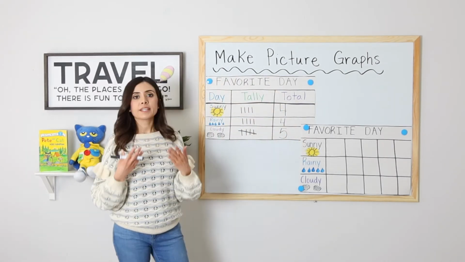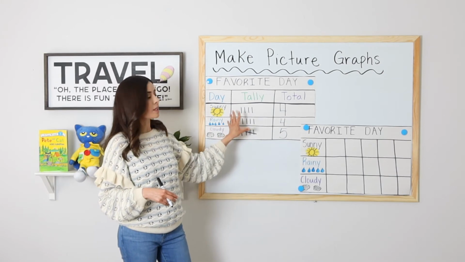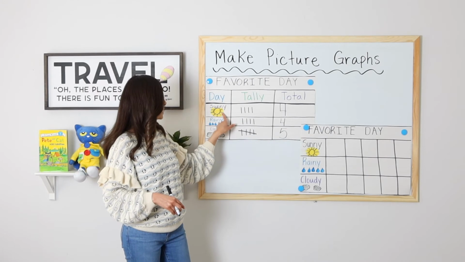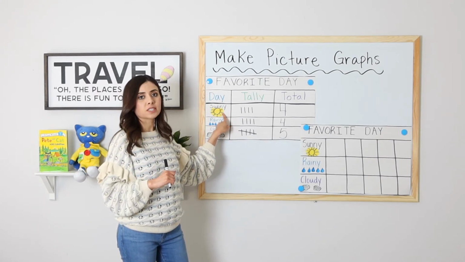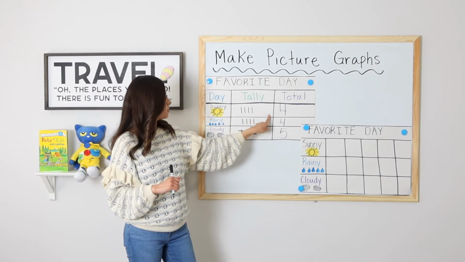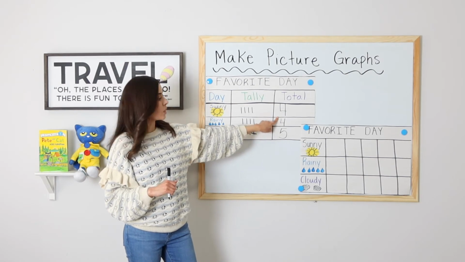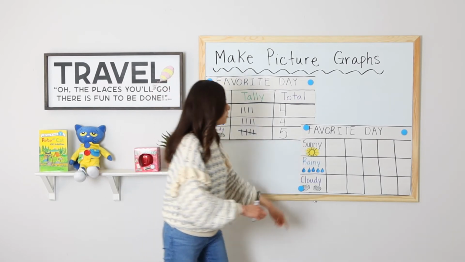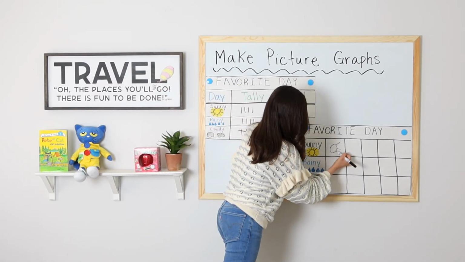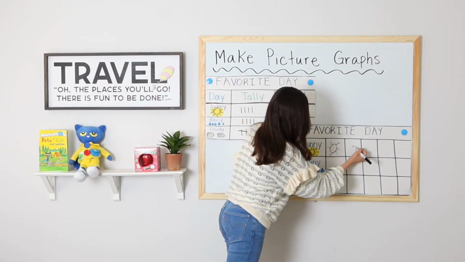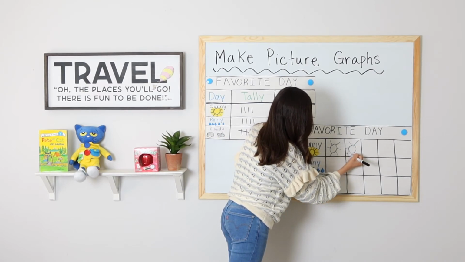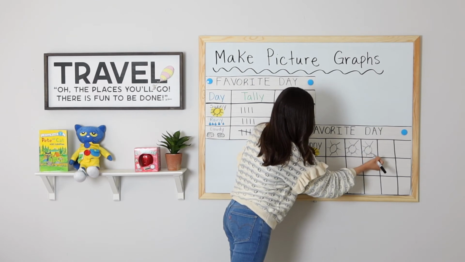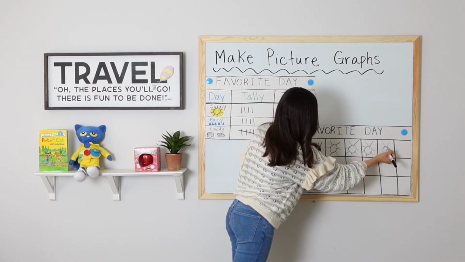Very good. Now I will go ahead and move the data in my tally chart over to my picture graph, starting with a sunny day. How many students chose sunny as their favorite day? 4. So I will go ahead and draw 4 suns in my picture graph. 1, 2, 3, 4.